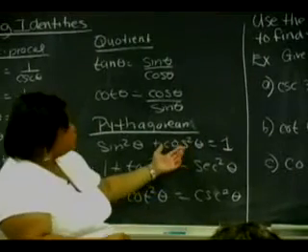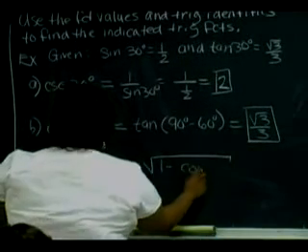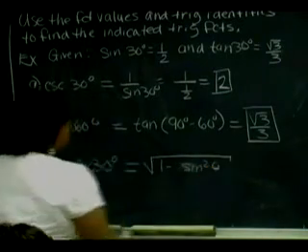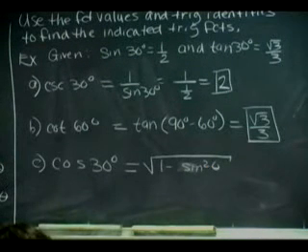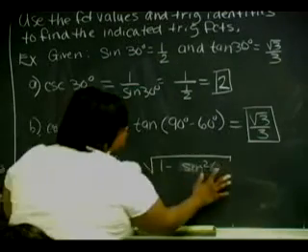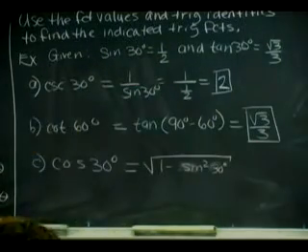Cosine theta equals what? The square root of 1 minus sine squared theta. Right, because we're squaring cosine here, and to solve for just cosine, we would have to take the square root. And theta is 30 degrees. Okay?